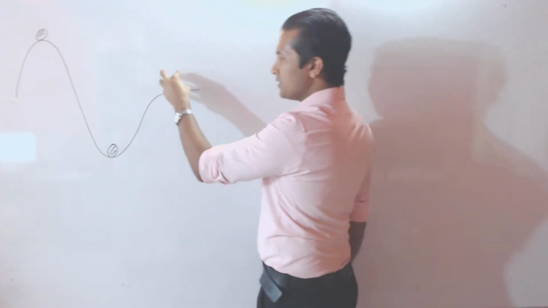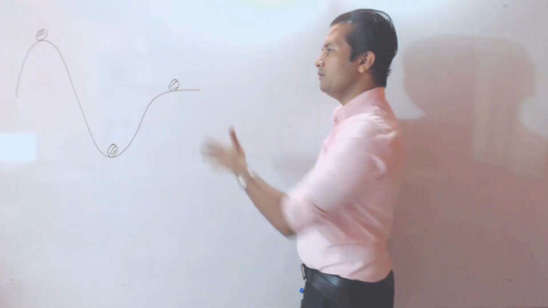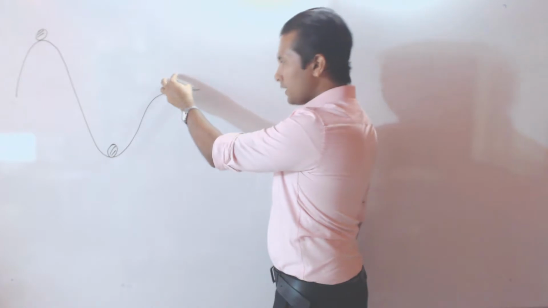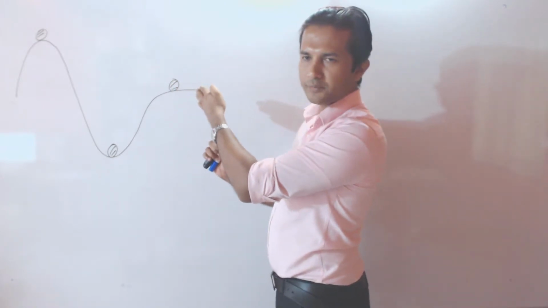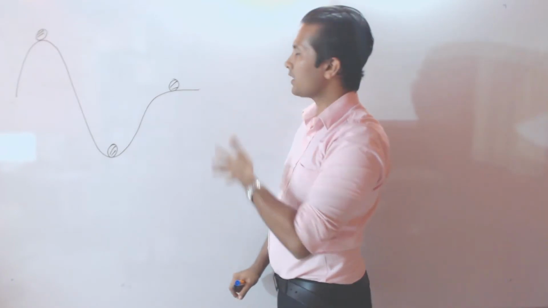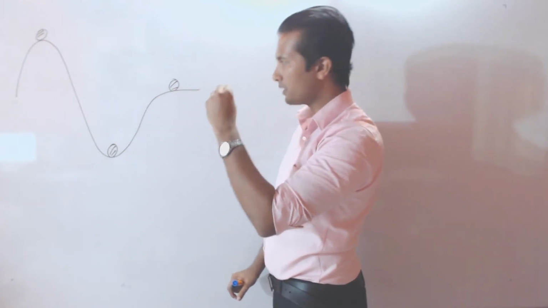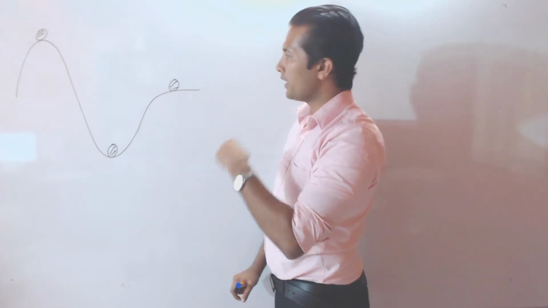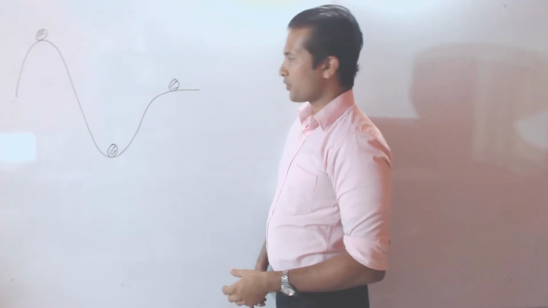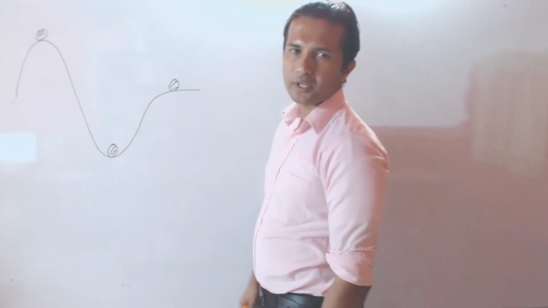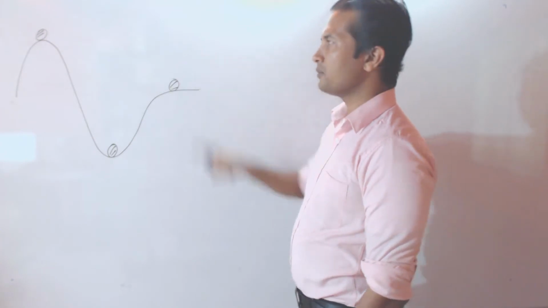Here this is a kind of neutral equilibrium. This is the initial stage of the object. Then a small displacement is given by us, then it is released. What happens? It again approaches an equilibrium position, which means this is neutral equilibrium.